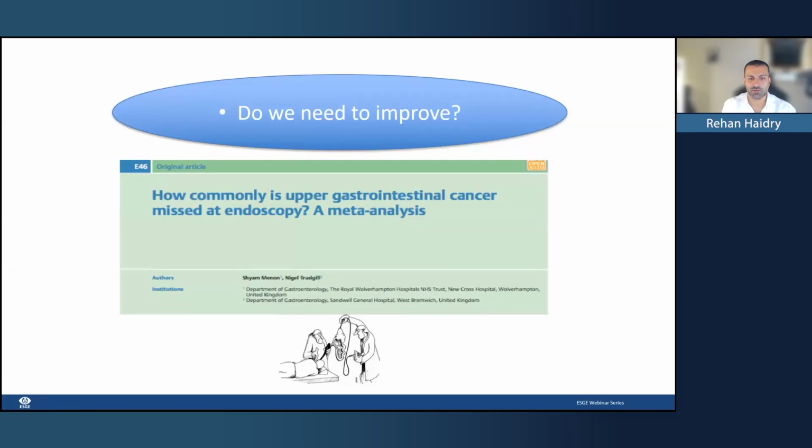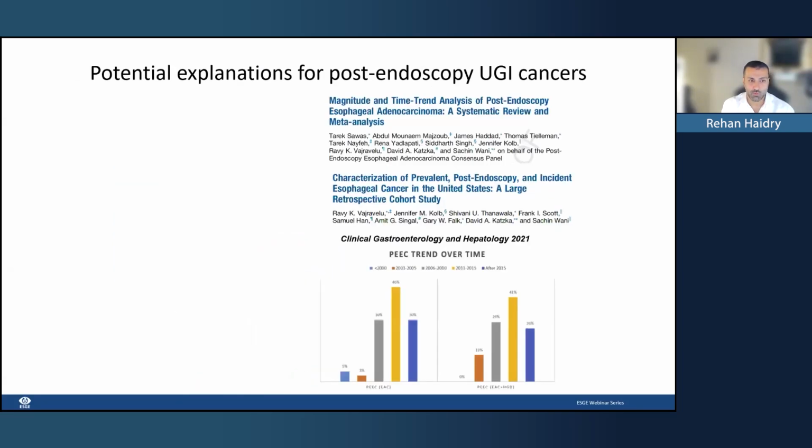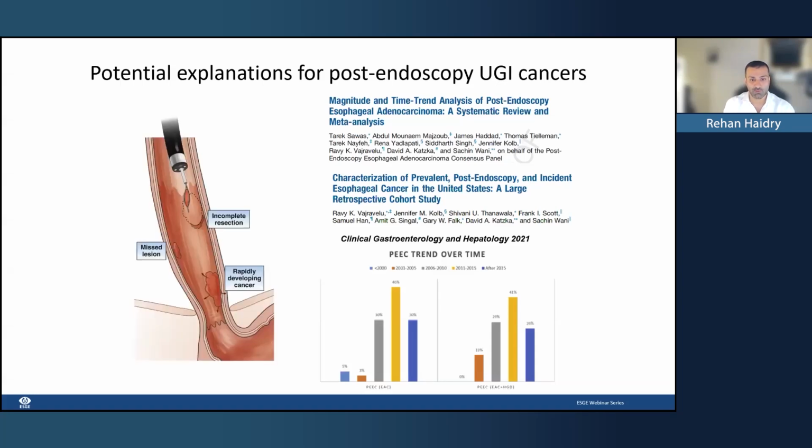We talk about common mistakes, but we all miss lesions. This meta-analysis suggested that if you look at upper GI cancers, in nearly 1 in every 400 cancers, we were overlooking an early neoplasia. What about Barrett's esophagus? Lots of data shows that up to 25% of patients with esophageal cancer and a preceding history of Barrett's esophagus will have had a normal endoscopy in the previous 12 months.